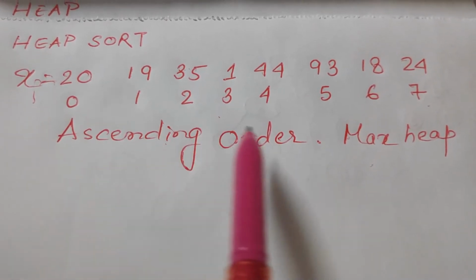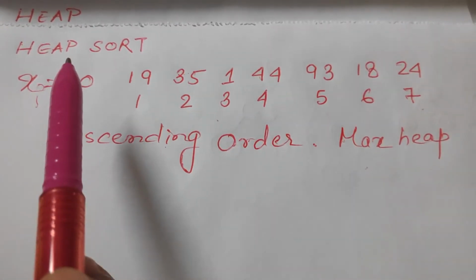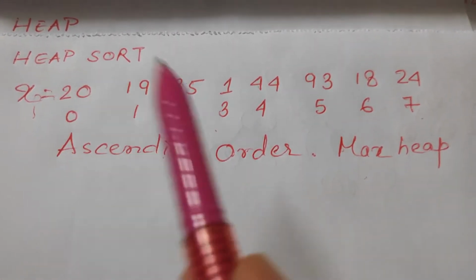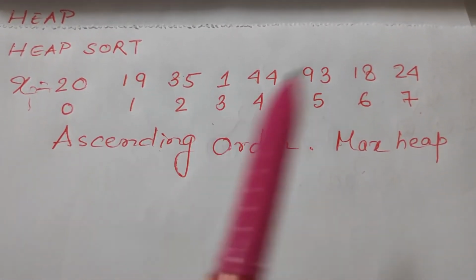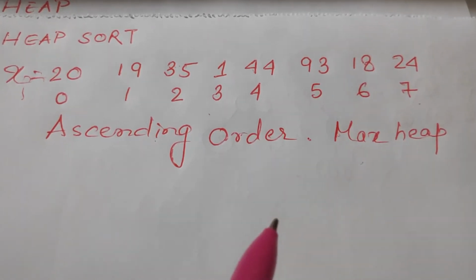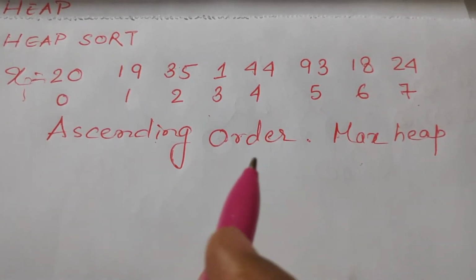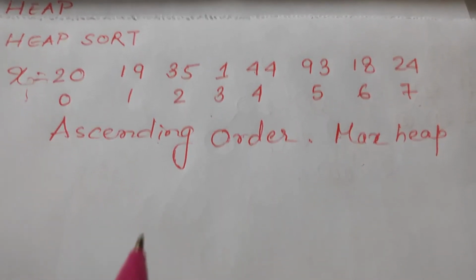To create a heap out of this array, what we have to understand is linearization of a tree, which I have already discussed with you. What is linearization of the tree?